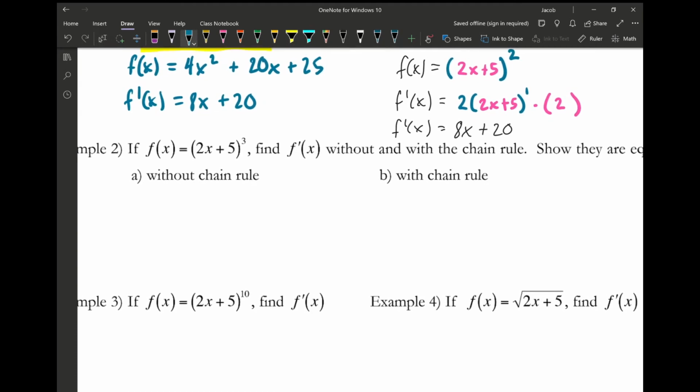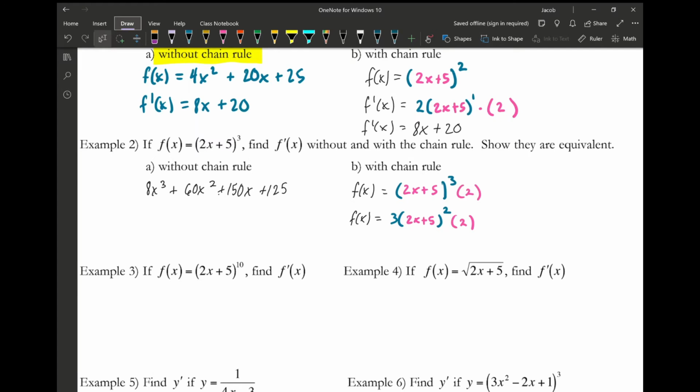So I'm going to do this, and I'm also going to do the chain rule and then come back to you. Alright, so here we are. We're at the last steps for each function. So I wanted to show you what multiplying this f of x out would look like, and then actually taking the derivative looks like 24x squared plus 120x plus 150.